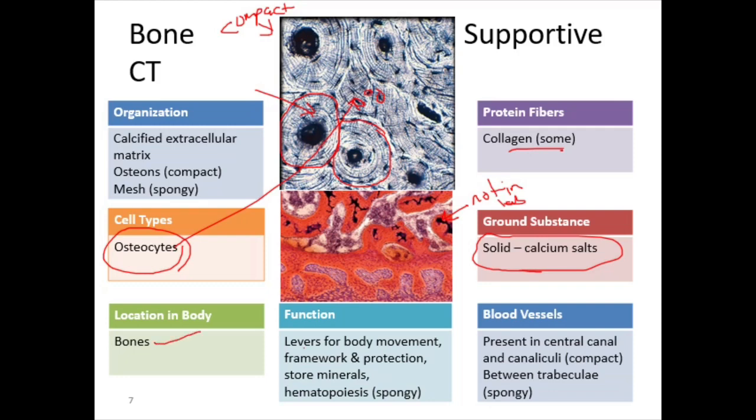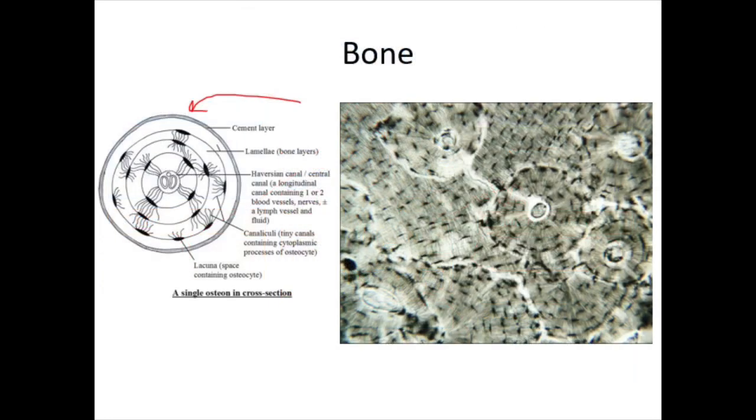Hematopoiesis is the red bone marrow in the spongy bone. Blood vessels are present. This central canal here has blood vessels in it, and we've got blood vessels running throughout the tissue. There's central canal, right? There's multiple words for it.